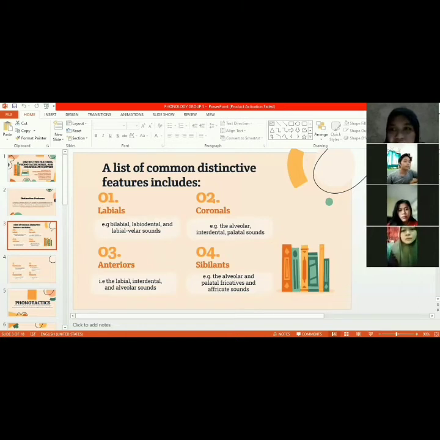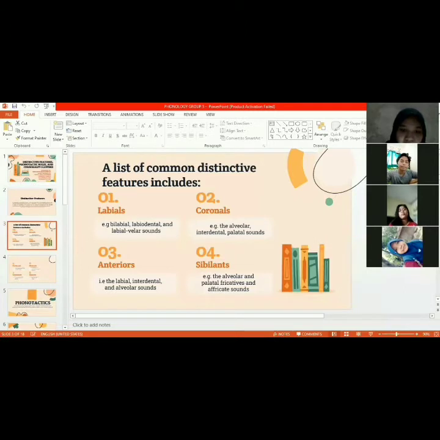When you produce the sound z, there is a friction of air. Can you feel it, guys? And in the vocal cords there is vibration. Let's try it. Included in sibilant sounds are alveolar, palatal, fricative, and affricate sounds.